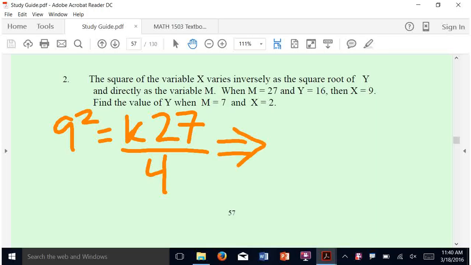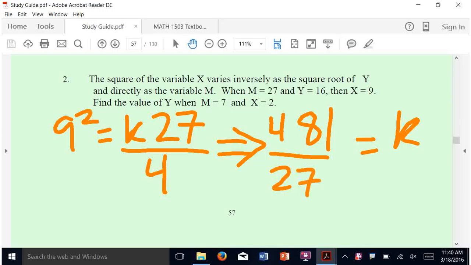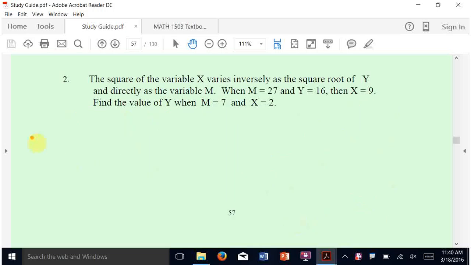So 9 squared is 81, and then we want to get k by itself, so we'll multiply by 4 over 27. 81 divided by 27 is 3, so 3 times 4 is 12, so k is 12.